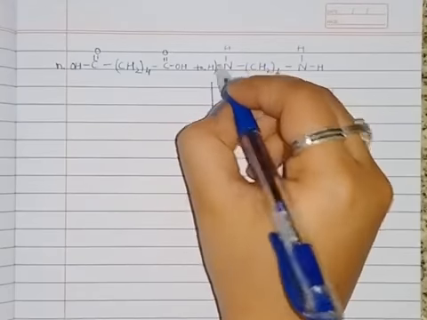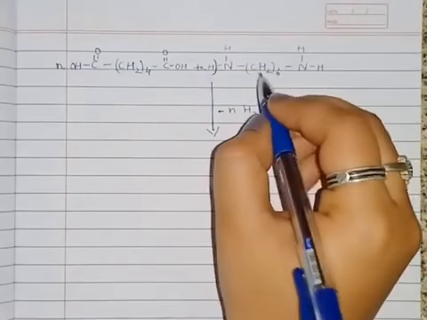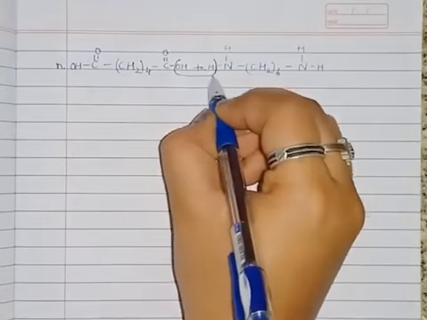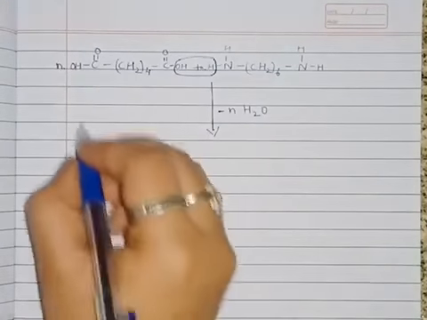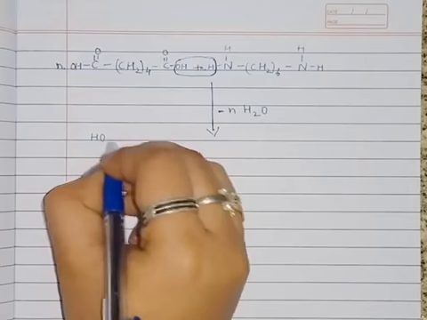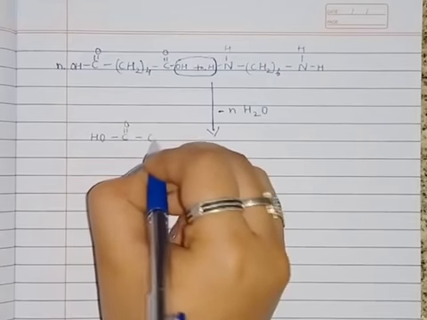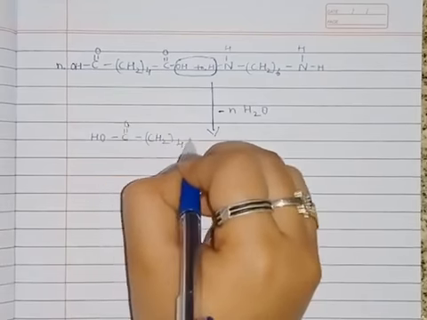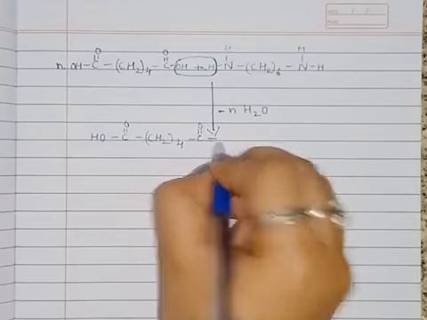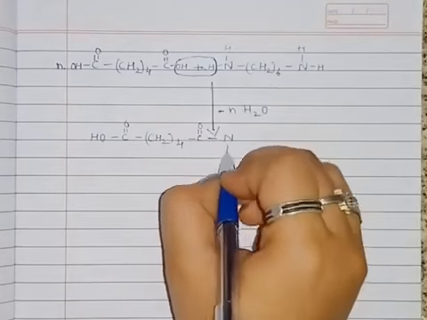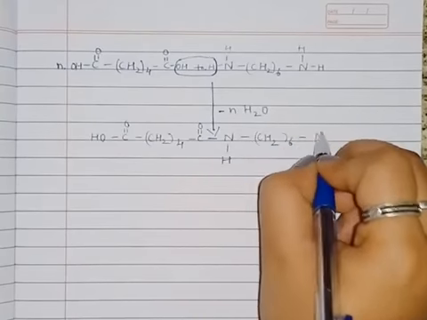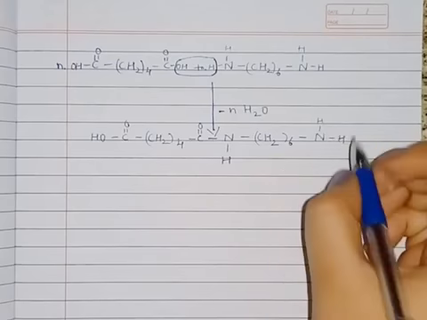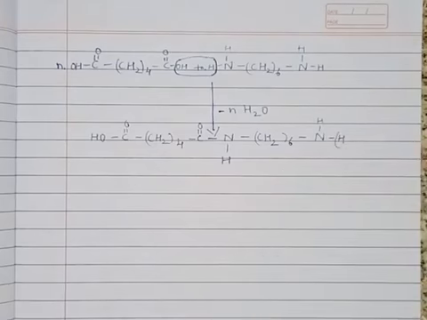The hydrogen from hexamethylene diamine and the OH from adipic acid will form H2O. Okay. And what are remaining is OH, C double bond O, CH2 4 times and C double bond O, and here N is connected with it. H, CH2 6 times and NH2, and also this hydrogen will contribute with another OH.